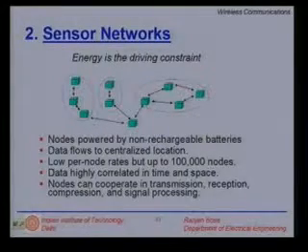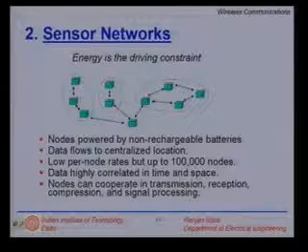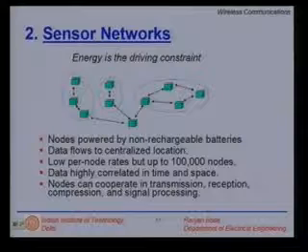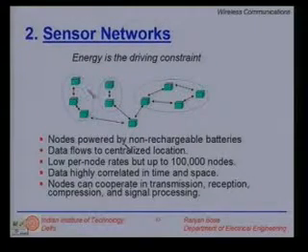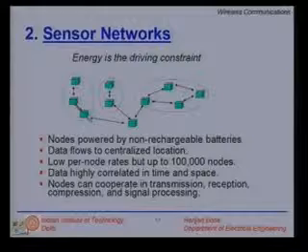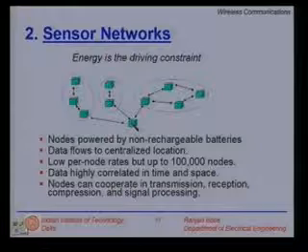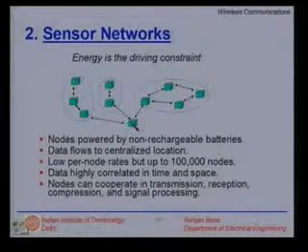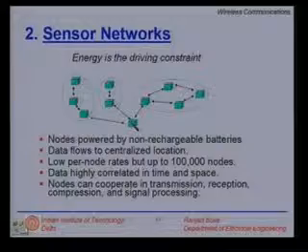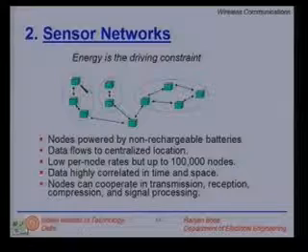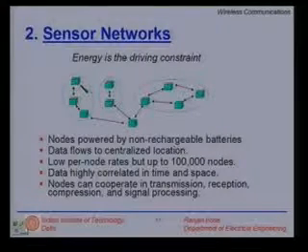The second emerging area is sensor networks. Here, energy is the driving constraint. If you look at the diagram, the green boxes are the small nodes of the sensor networks. Today, a word has been coined for them. They are called motes. The pioneering work was done in Berkeley, and they are also called Berkeley motes. These are nothing but small radiating devices with a little bit of intelligence built into them.